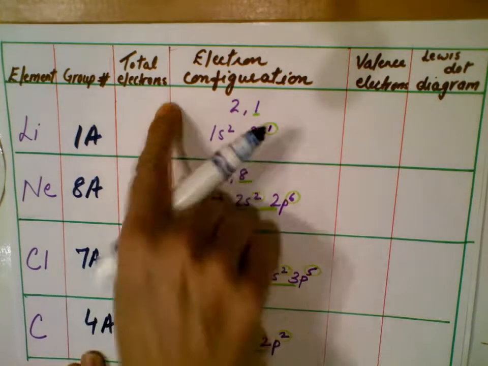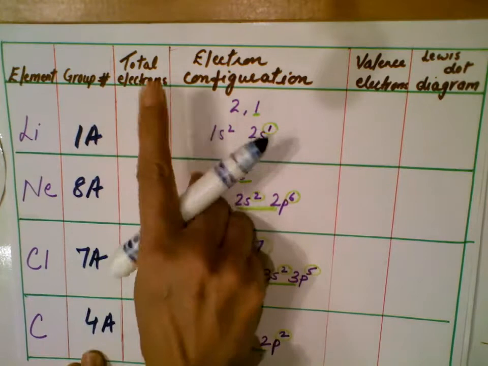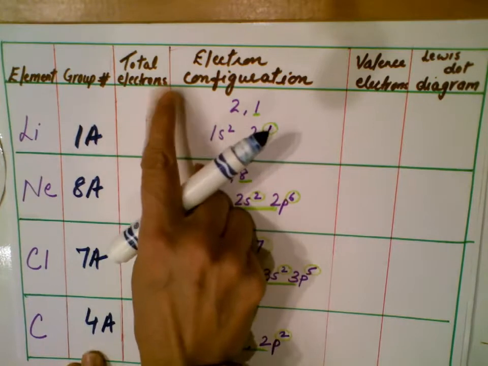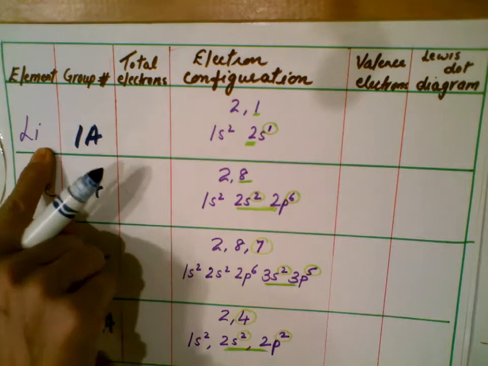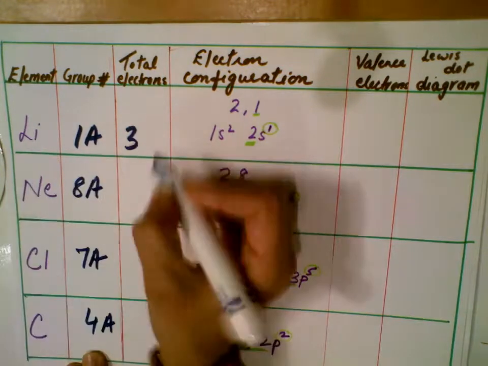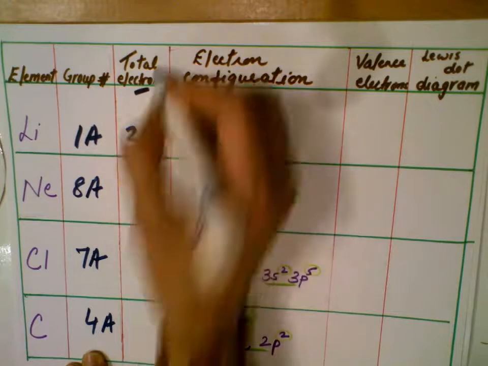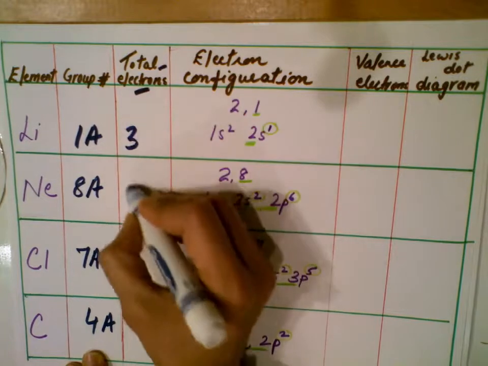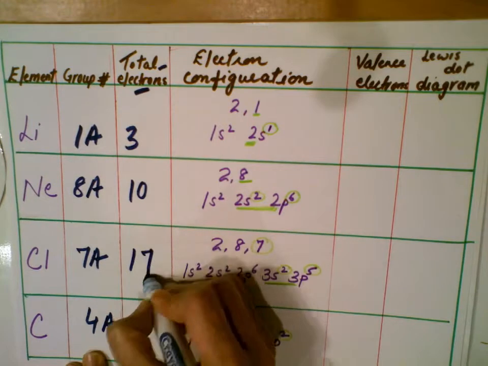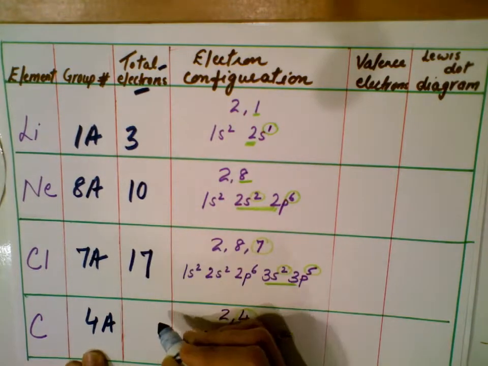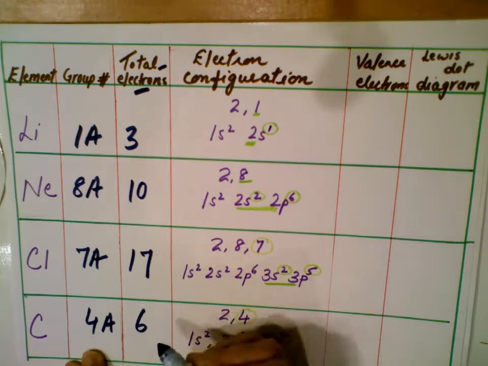And in order to look at the total number of electrons, you're again going to look at the periodic table. So how many total electrons are there in lithium? Look at your periodic table and you're going to see there are 3 electrons, the total electrons. And how many in neon? 10 total electrons. Chlorine is 17 total electrons. And for carbon, it is 6 total electrons.